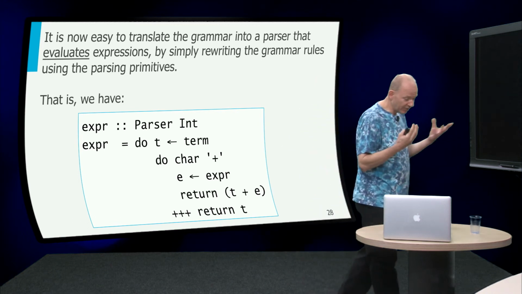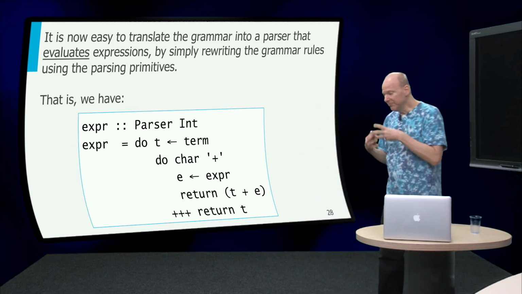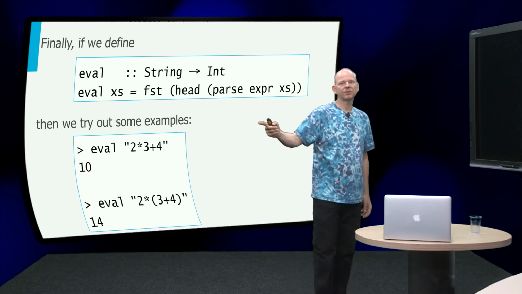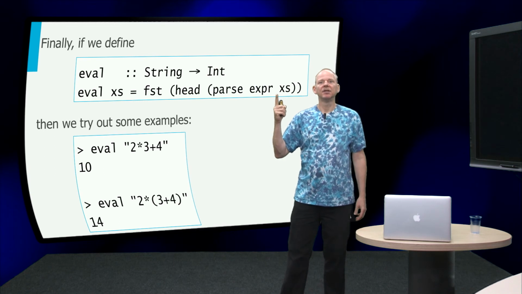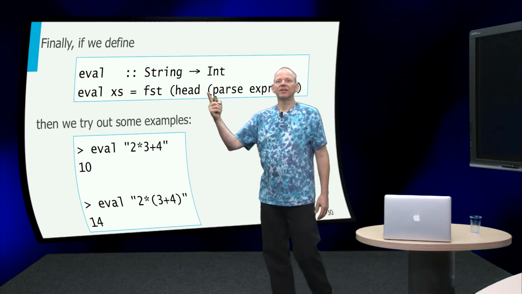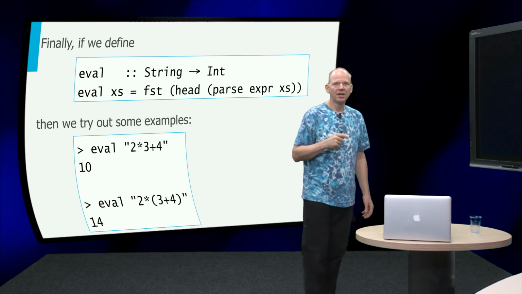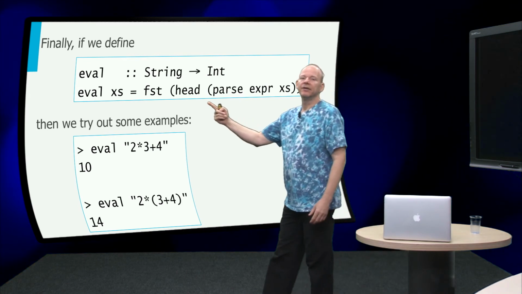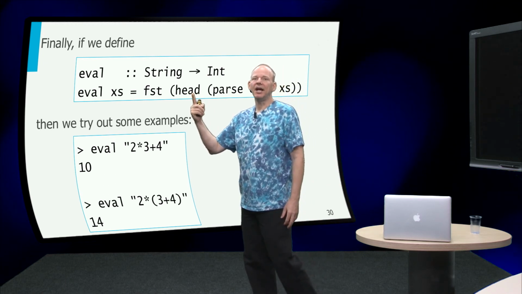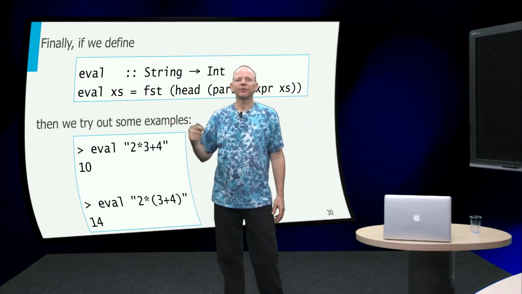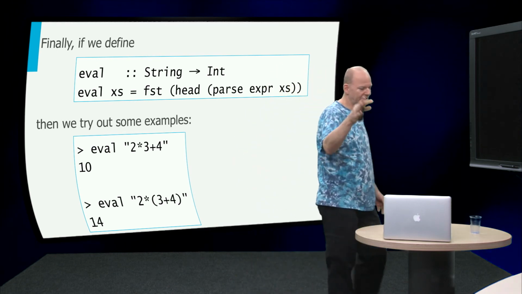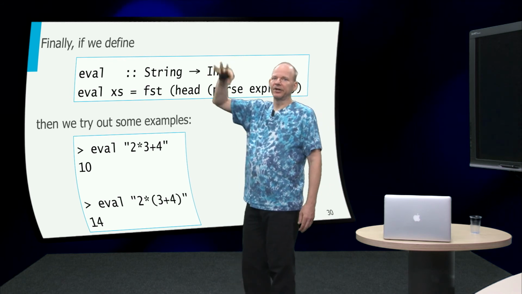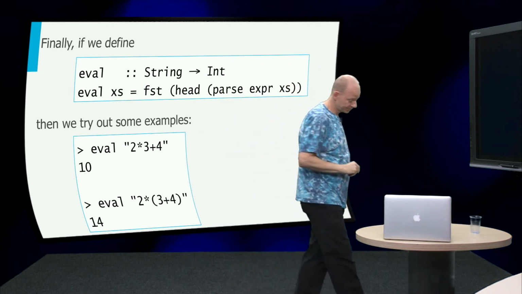We're not even creating a parse tree; as we're parsing, we're immediately evaluating the expression. So that's what you see here. We parse the expression, given the input. Since this returns either an empty list or a singleton list, if it returns a singleton list, we take the head, so we take that value. We take the first element, which was the number, and then there's the rest of the string. If this fails to parse, the head will throw an error, and this whole thing will fail.